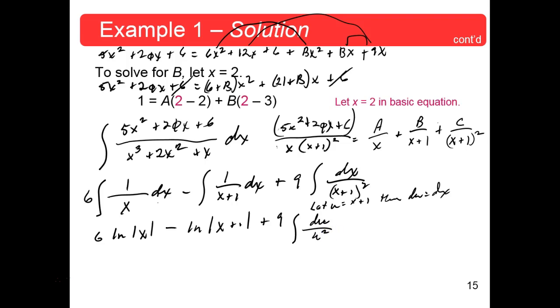Now again, you might could have done this without substitution, but what I would do with a problem like that is rewrite that as 9 times the integral of, I don't like having my variable in the denominator if I can help it. So what would I write that as? If I move it upstairs, I have u to the negative 2 du, and I think we know how to do that, don't we?